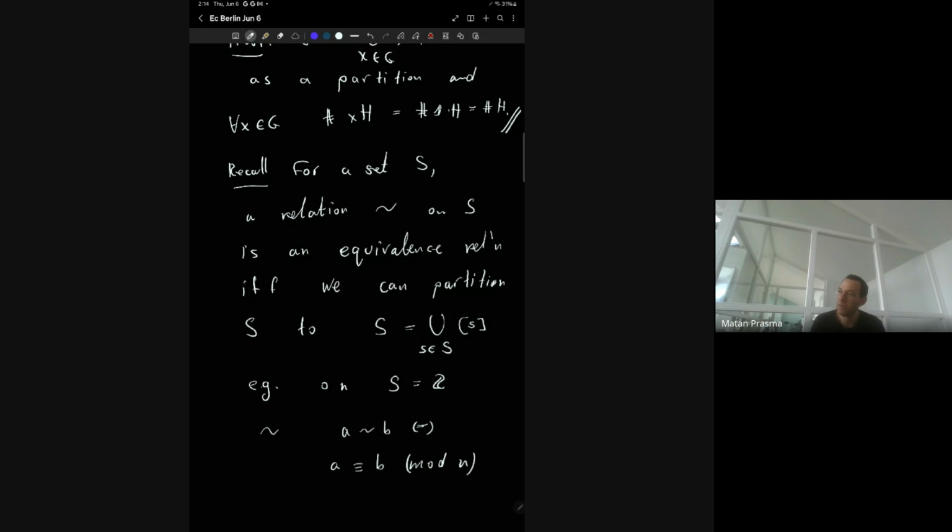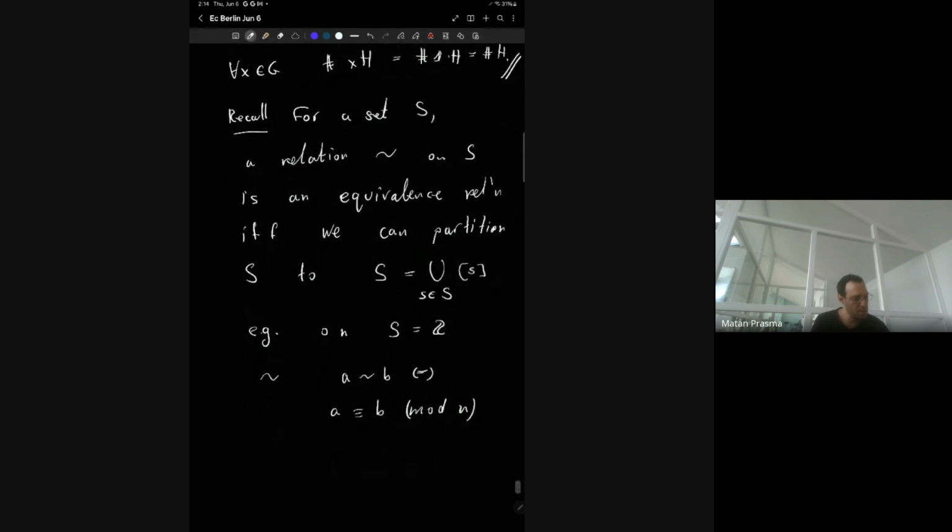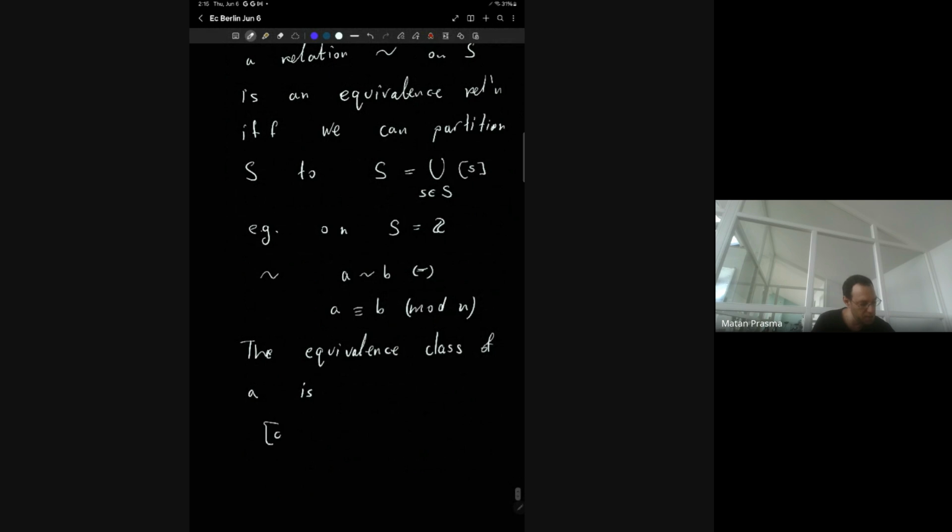This is an equivalence relation, right? And what is the equivalence class of a? By definition, it is the set of all x in Z such that a is equivalent to x.